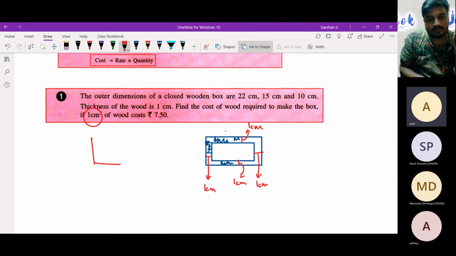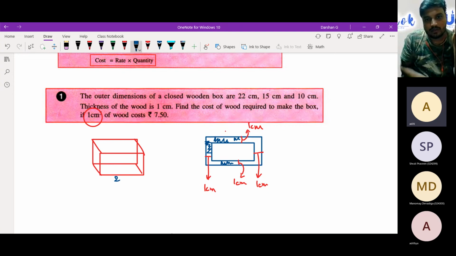So external wood would be how much? The outer length is 22 centimeters. The breadth would be 15. The height would be 10 centimeters.